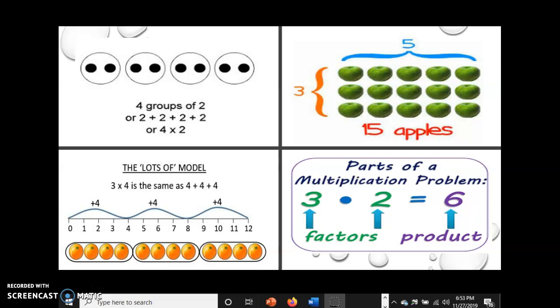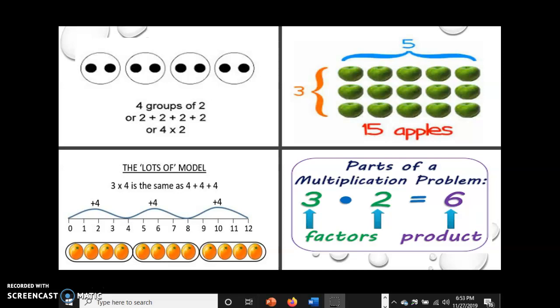So 1, 2, 3, 4. 1, 2, 3, 4. 1, 2, 3, 4. So 3 times 4 totals 12. That is correct, Emma. 12 is correct. So 12 is our answer or our product.